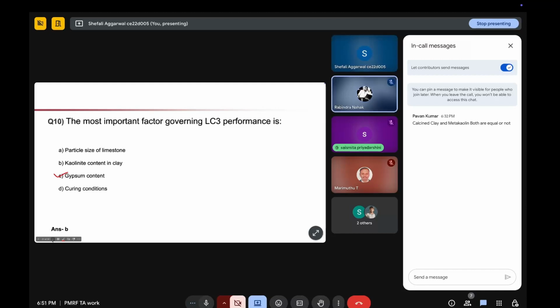Yes, so the correct option is B, kaolinite content in clay. If you remember, we have seen many graphs where increasing clay content increases the strength value and, let's say, decreases the charge paste. So the main important factor is kaolinite content in clay.